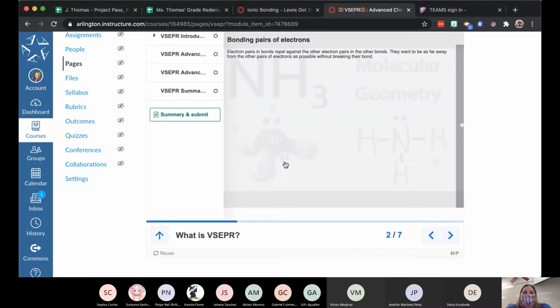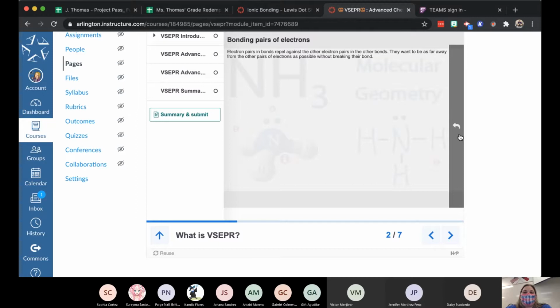And so what happens is that all the electron pairs in the bonds holding our molecule together are repelling or pushing against all of the other electron pairs in the other bonds in the molecule. They want to be as far away from each other as possible, but the catch is they can't break the bonds of the molecule.